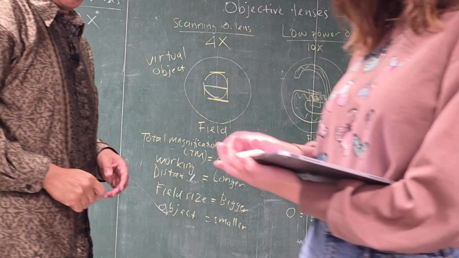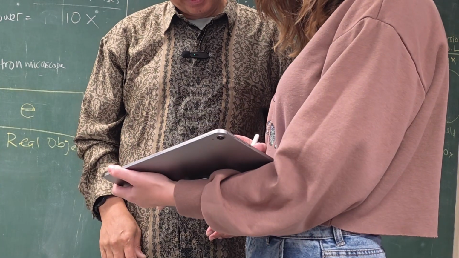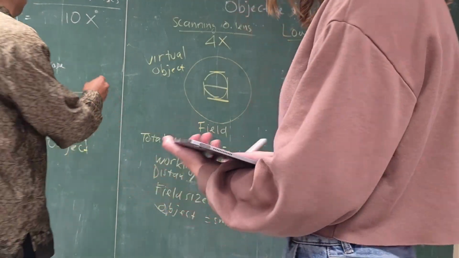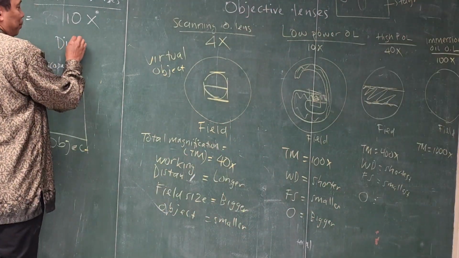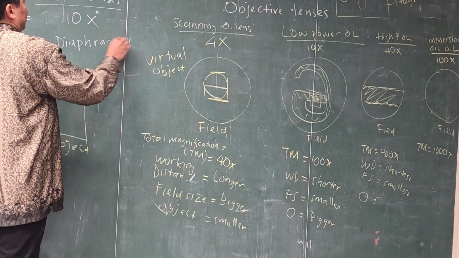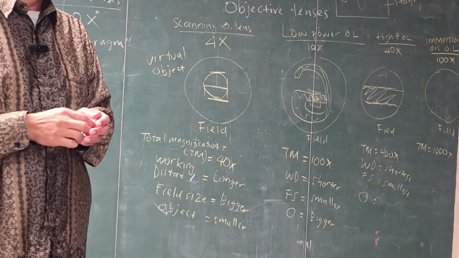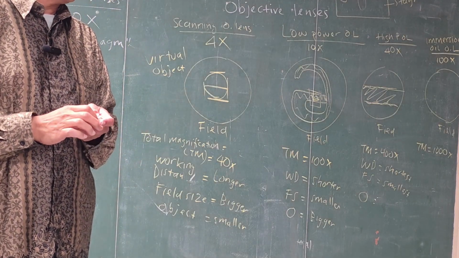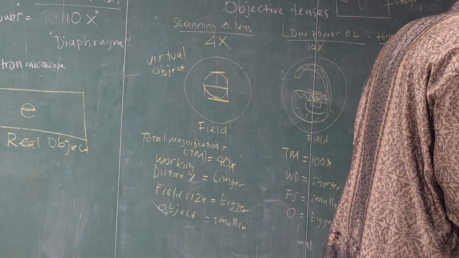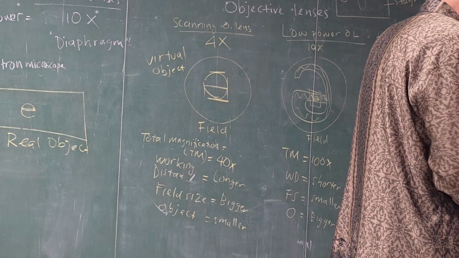Yes. Is this the light control that you were talking about? So that's where you can control the light. Oh, that one is called a diaphragm. It has a name. Yeah, that light control is called a diaphragm. This is the upstage light, and that we can call the condenser.